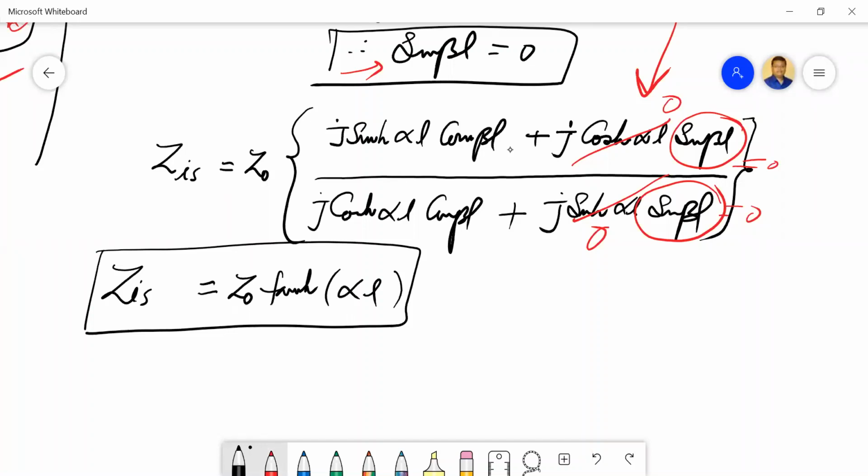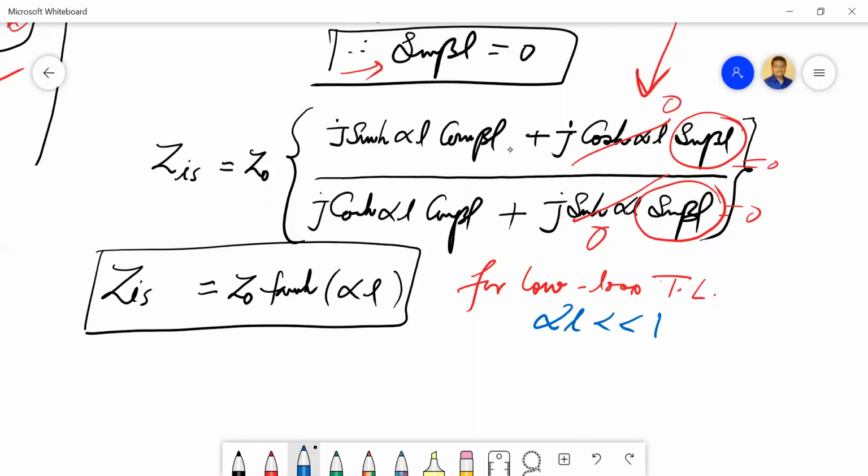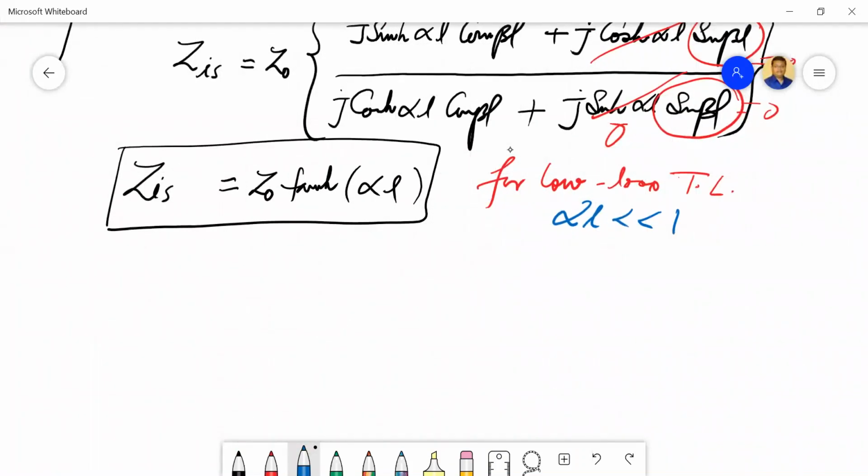Now, if I say here for a low loss transmission line, what I can write is αL must be much less than 1. This was the condition we have already seen. Now this formula will become Z_IS = Z0 αL.